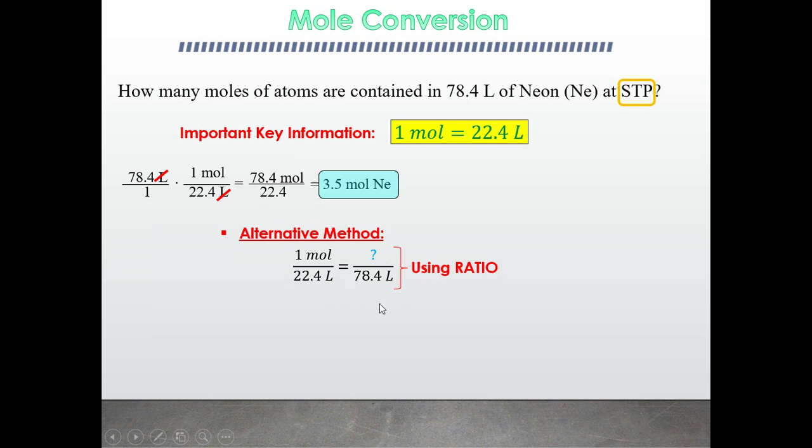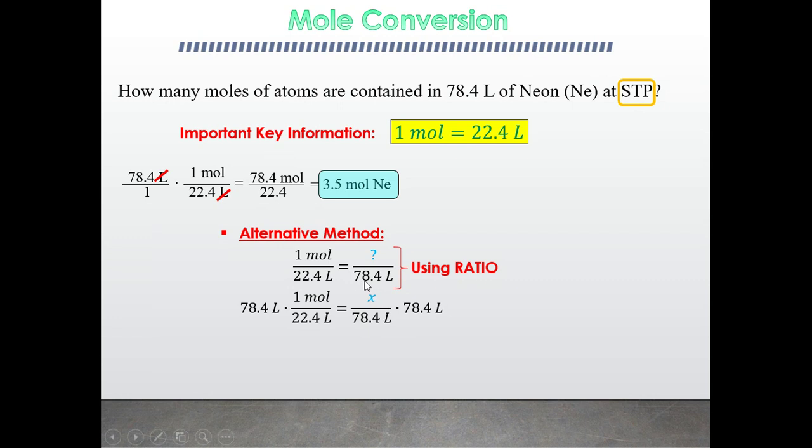Here, I'm going to replace the question mark with x, because that's what I'm trying to find: the number of moles. In math, when we don't know something, let's assign it a variable. I've chosen x. Therefore, in order to solve for x, I need to get rid of 78.4 liters, aka get x by itself. So we do the opposite operation.